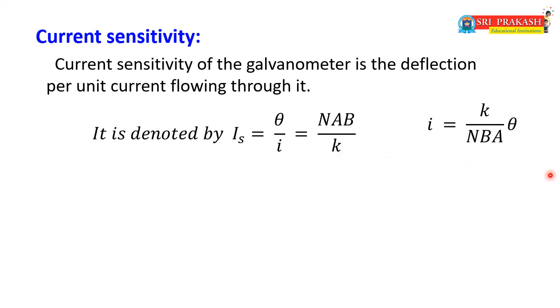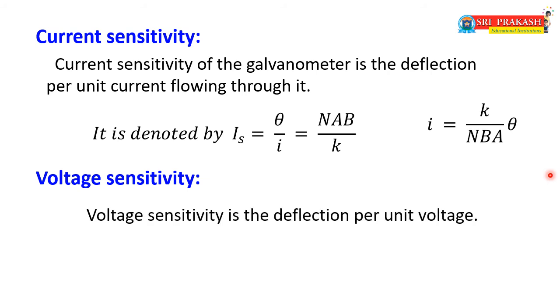Now one more, that is voltage sensitivity. Voltage sensitivity of the galvanometer is deflection per unit voltage, whereas current sensitivity is deflection per current.